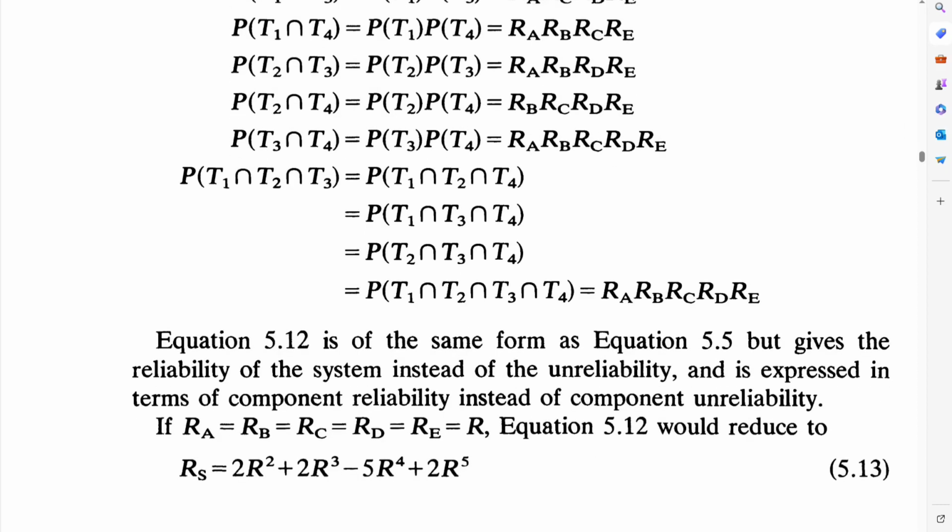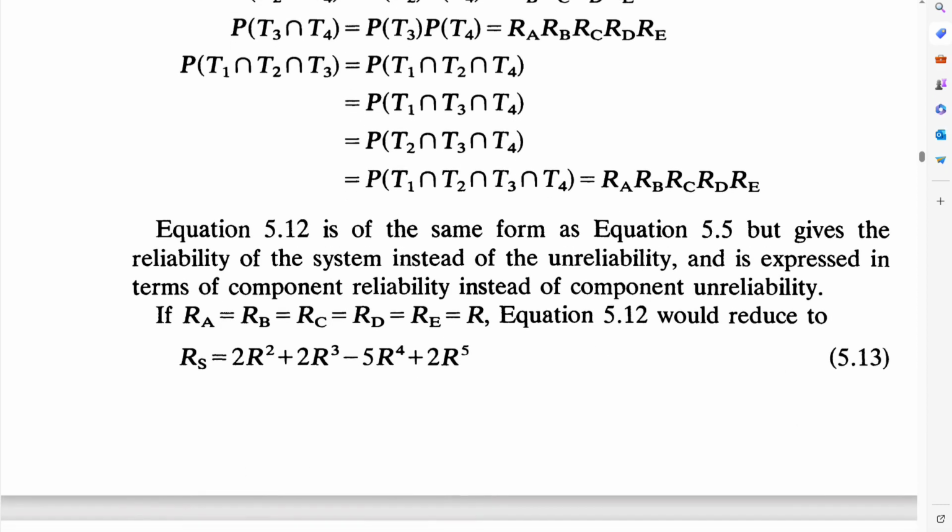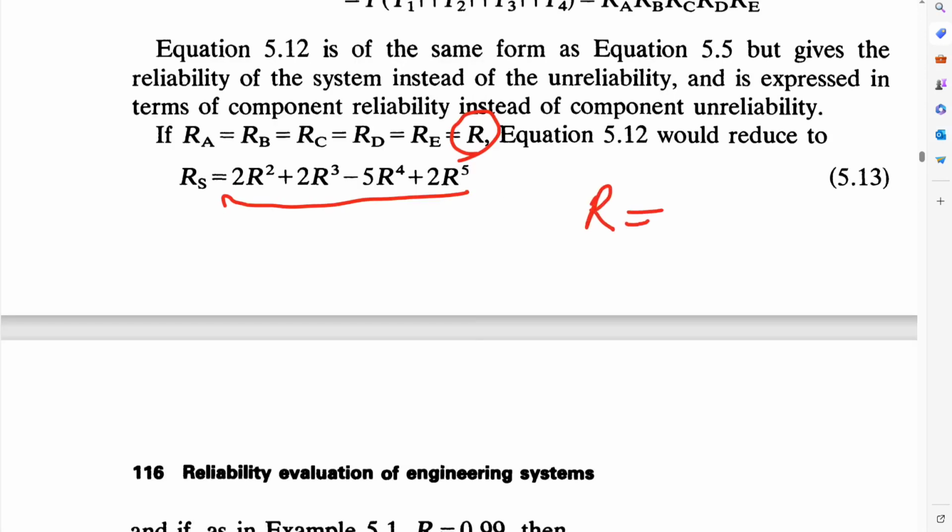In the last part, if you substitute each of RA to RE by R, we can reduce this formula to this. And for example, you can use a number for the reliability of each part and compute the result.